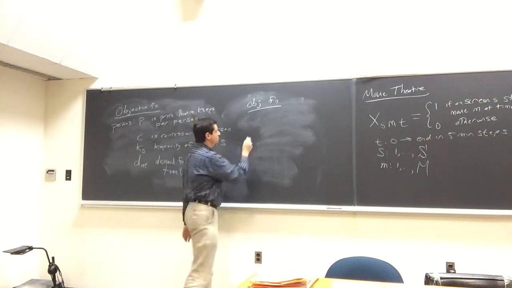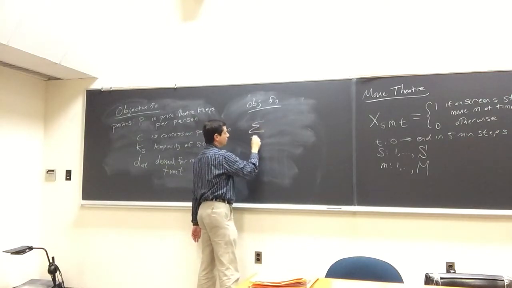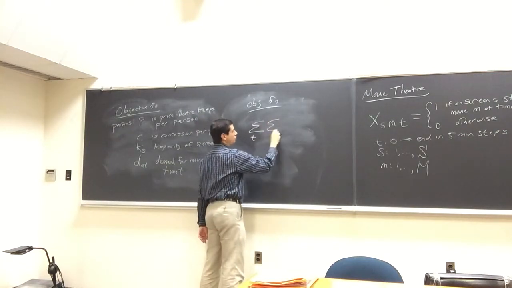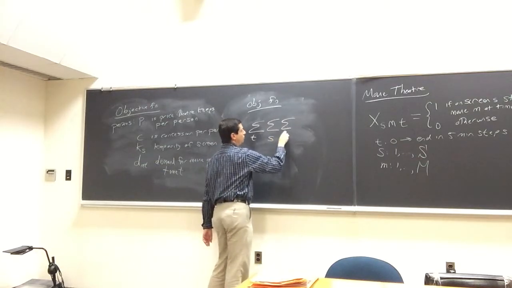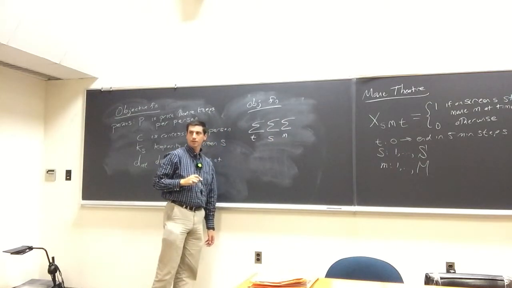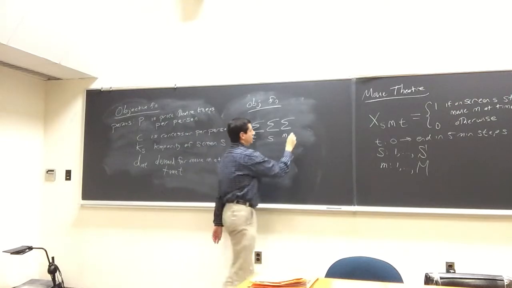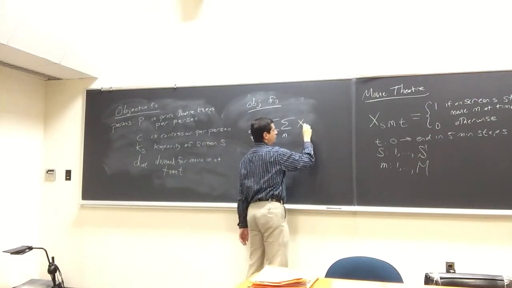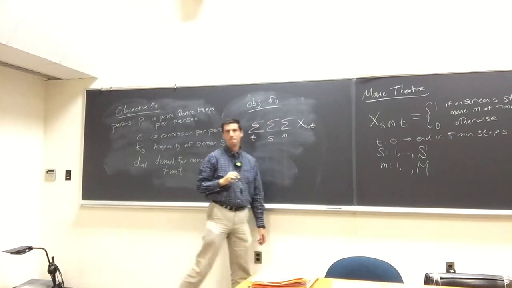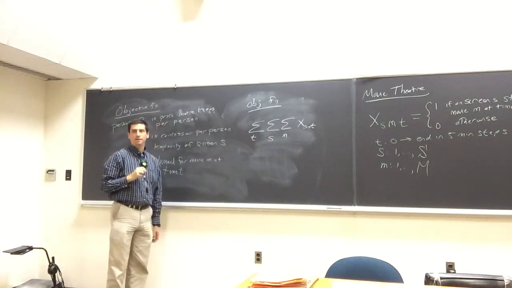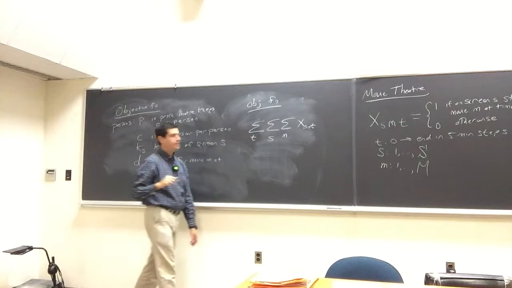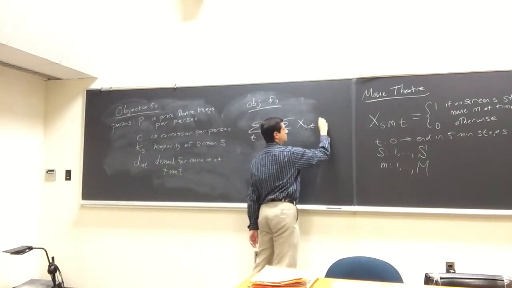Now, I think we should have some term that will be the sum over all times, sum over all screens, sum over all movies. And then if we start showing on screen S movie M at time t, we get P dollars for each person.